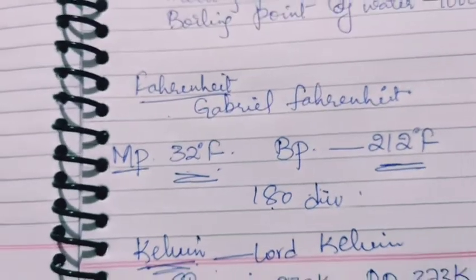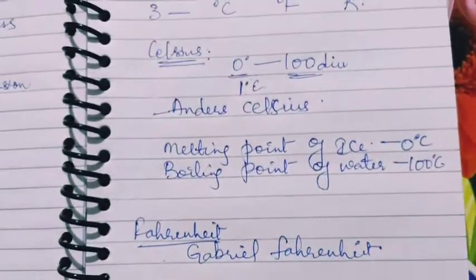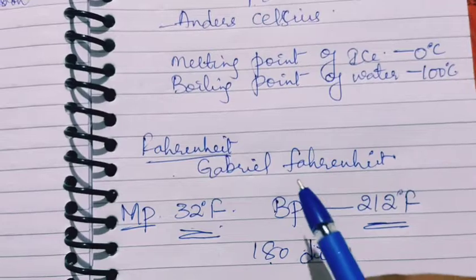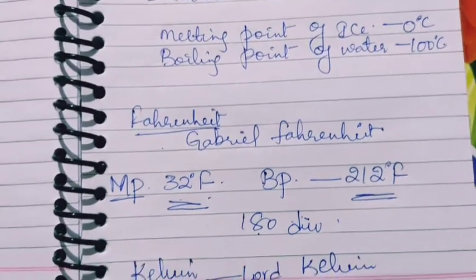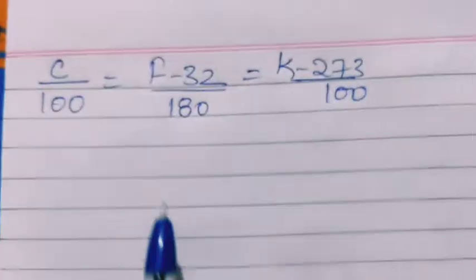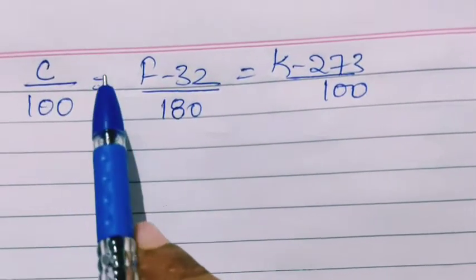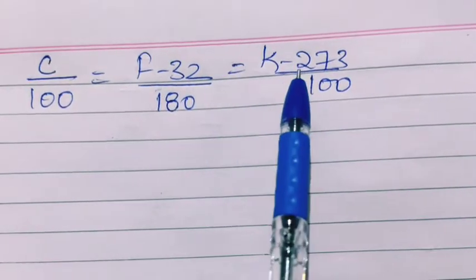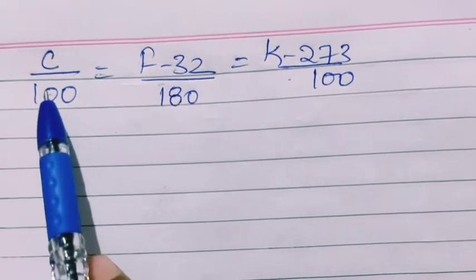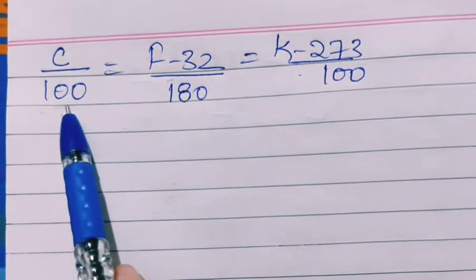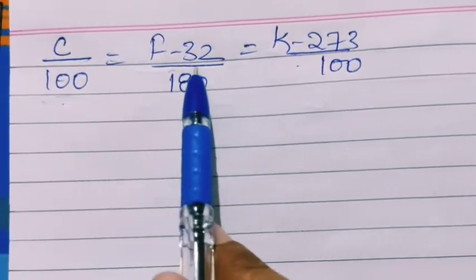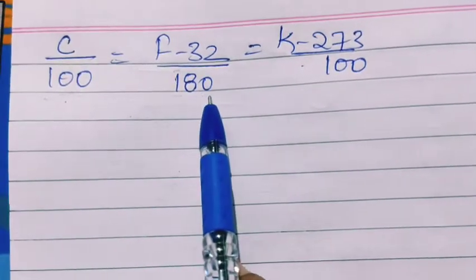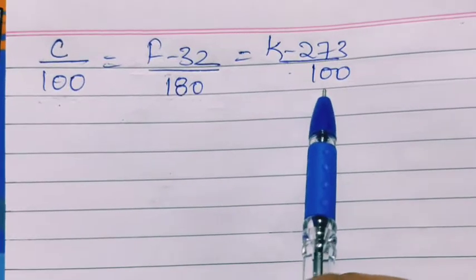Next, we'll see how these three scales can be interconverted. Here you can see this equation relating the Celsius scale, Fahrenheit scale, and Kelvin scale. In Celsius there are 100 divisions, in Fahrenheit it is 180, and in Kelvin it is 100.